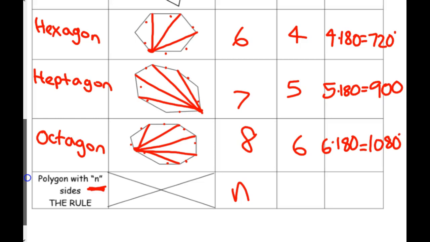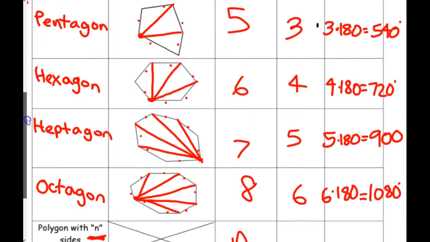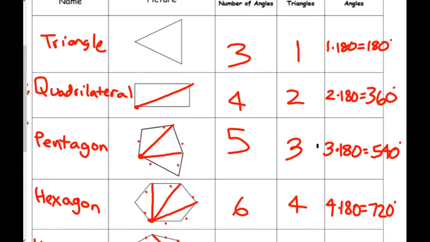So, what's the difference between the sides and the triangles all the way down here? What do you notice between these 2 numbers all the way down? They're in order. What else? What do I do to this number to get this number?